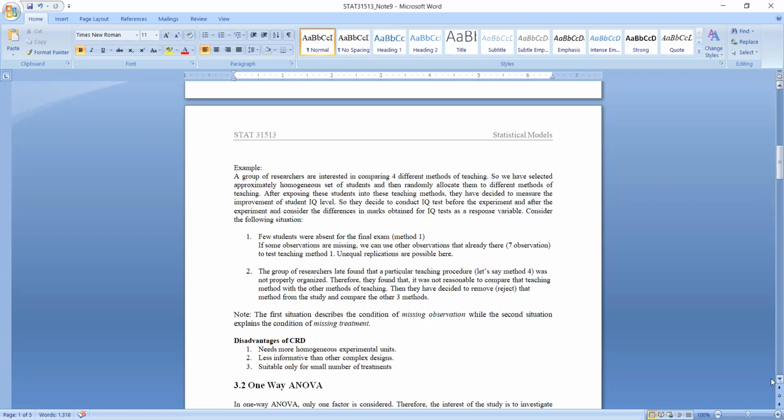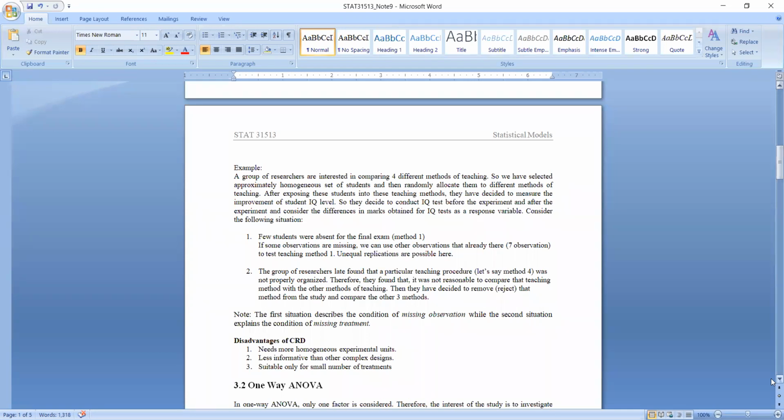So our treatments are these 4 teaching methods. So at the end of the experiment, if you find that one of the teaching methods is not properly organized and it's not fair to compare that with the other teaching methods, no problem. We can omit that. We can reject that teaching method and we can just take the data set without that, and we can continue our analysis.